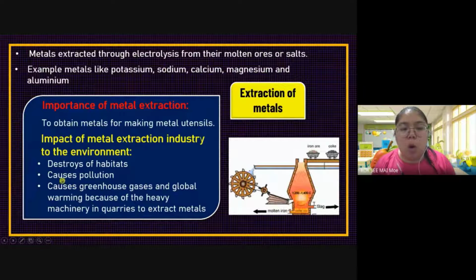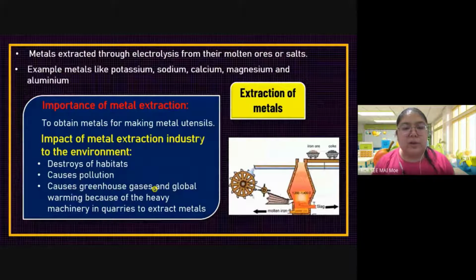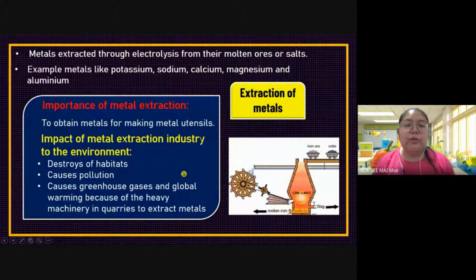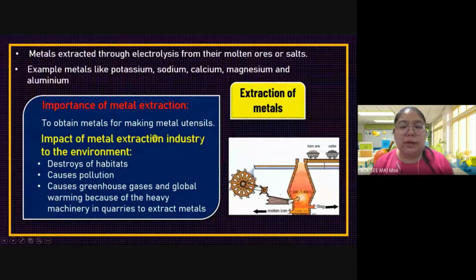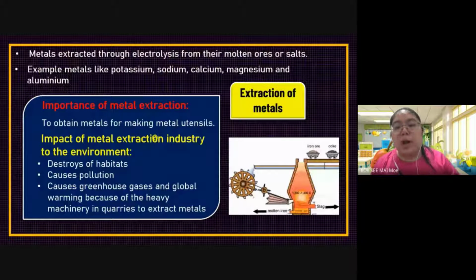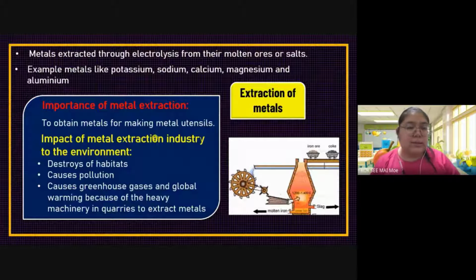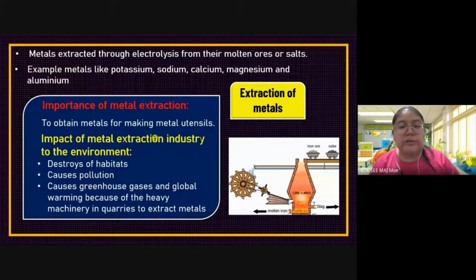So these are all disadvantages of extraction. But the extraction needs to be done because we need to produce metal utensils, unless you can think about another method. So this is one of the electrolysis processes used for the extraction of metal.